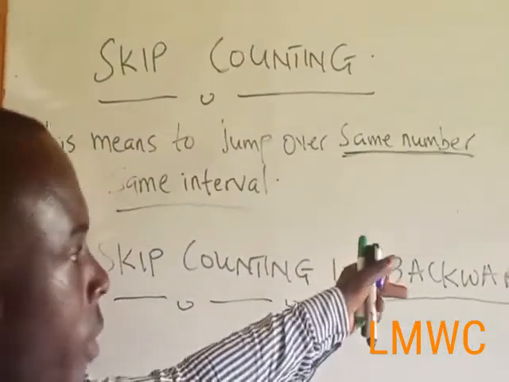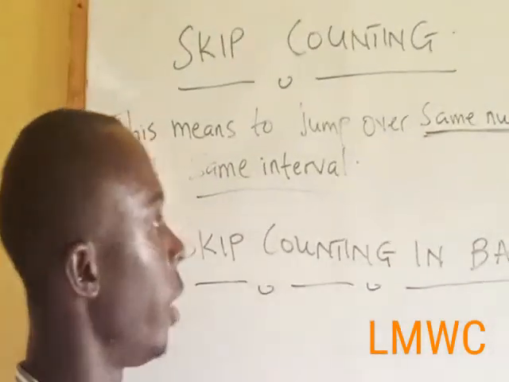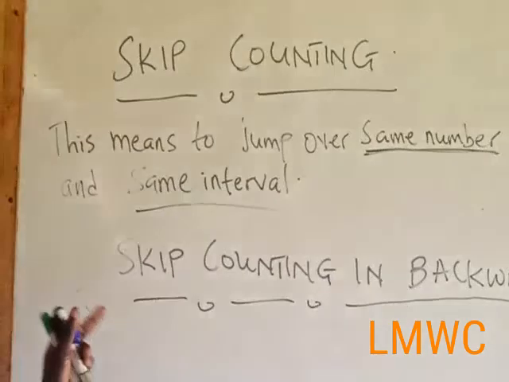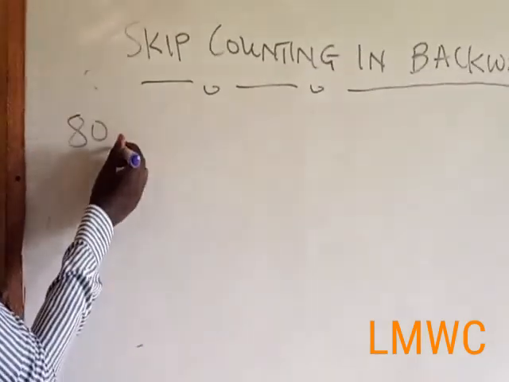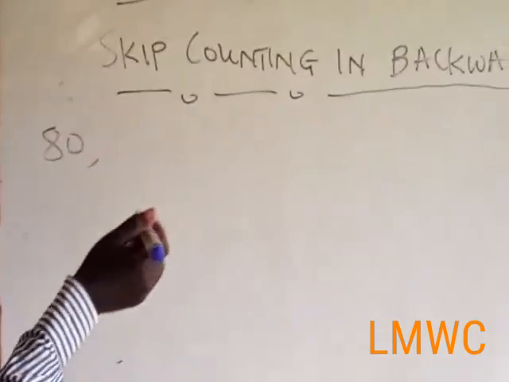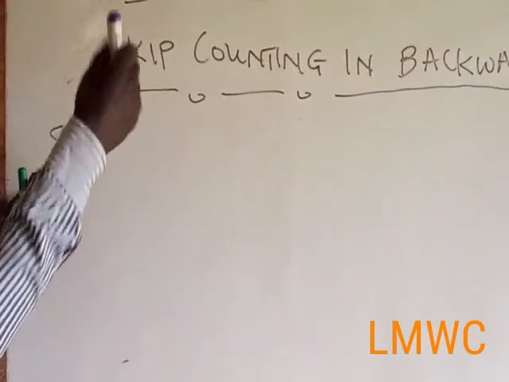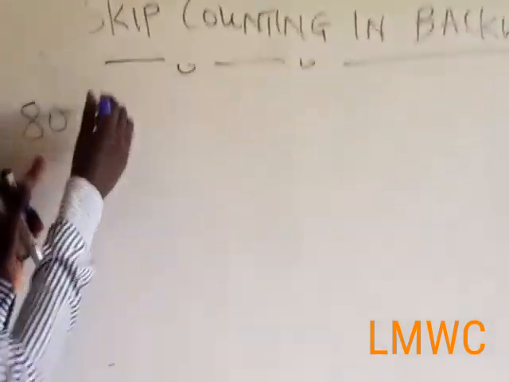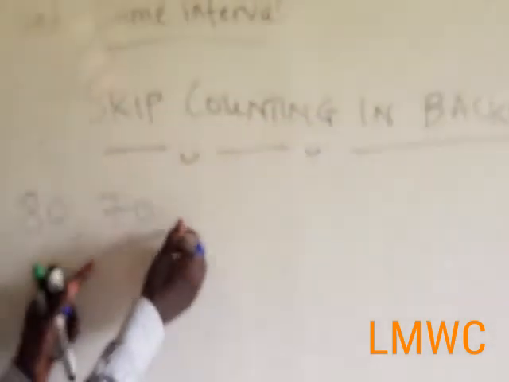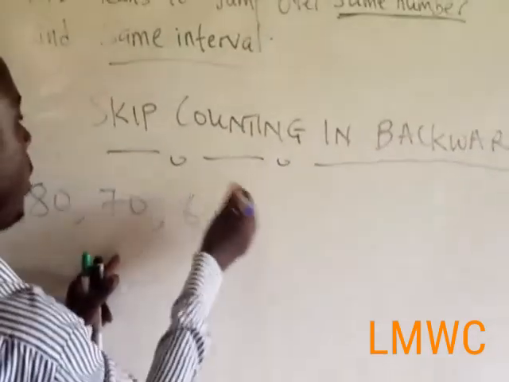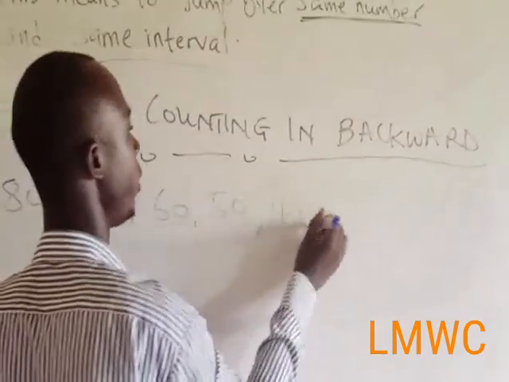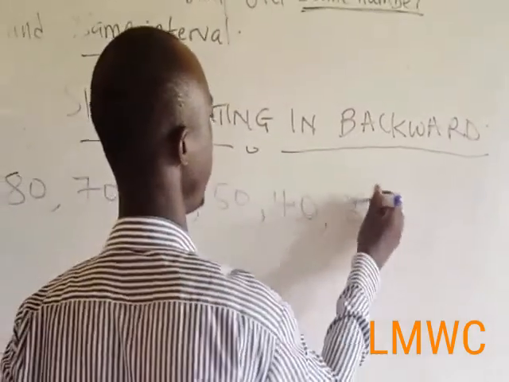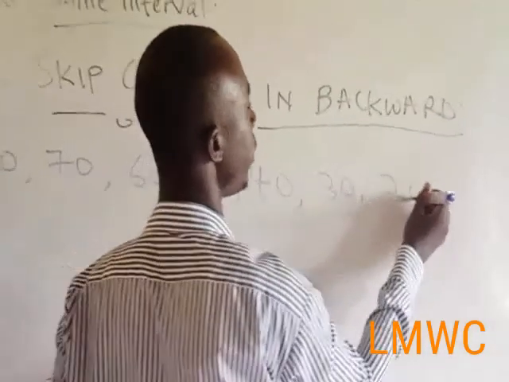Counting backward means subtraction using the same interval. So you can be asked to skip count in tens backward. And I will give you maybe 80. So we are skip counting this in tens. This means you subtract. 80 minus 10 is what? 70. Minus 10, 60. Minus 10 is what? 50. Minus 10, 40. Minus 10, 30. Minus 10, 20.